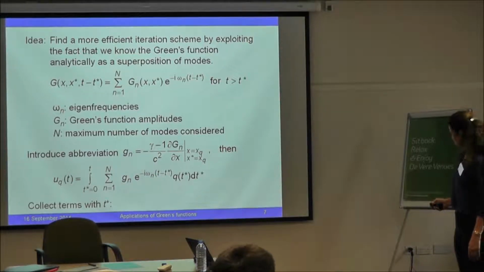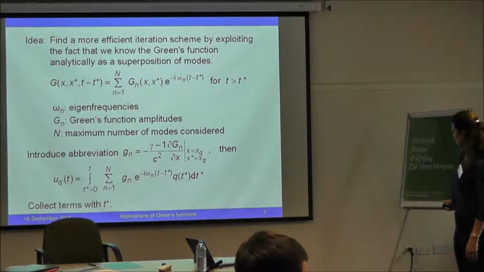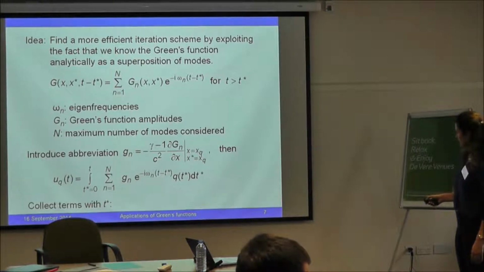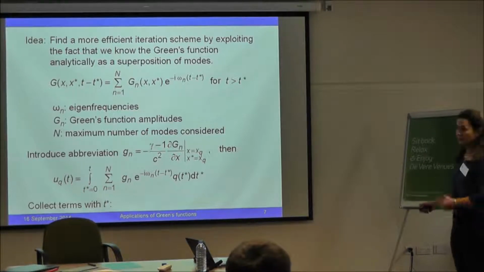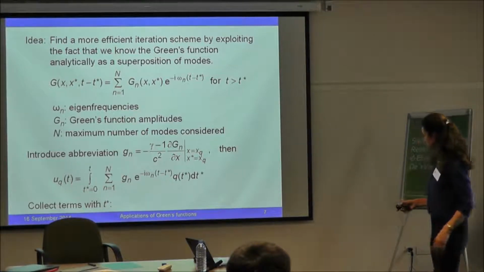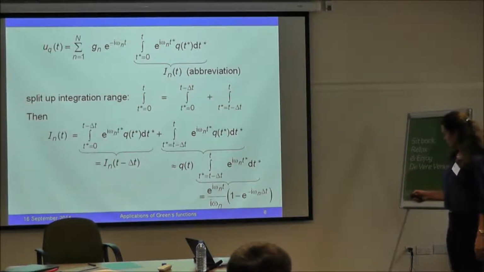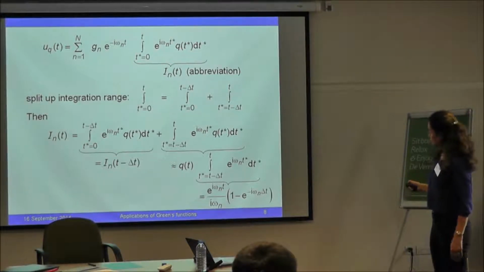So I'm going to sort the terms, collect all the t star terms on the right and the rest on the left, because the rest can be taken outside the integral. We are integrating with respect to source time, so this t dependence can go in front of the integral. It doesn't depend on the source time. Right, and what we get is this.